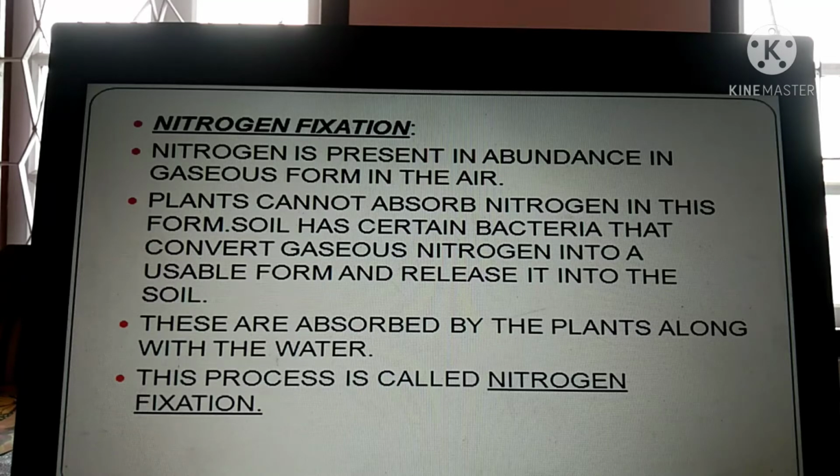The bacteria take in the gaseous nitrogen and convert it into a usable form that can be absorbed by the plants, and release it into the soil. So now nitrogen will be present in the soil, because the bacteria have absorbed the nitrogen from the atmosphere and kept it in the soil.